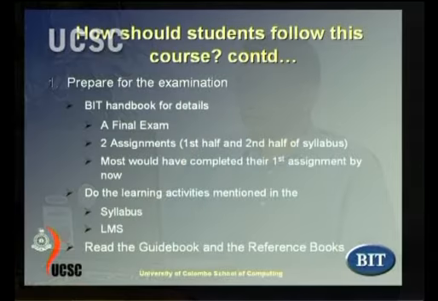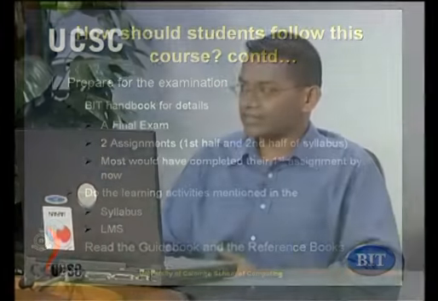Actually we have a final examination and 2 assignments, and most of them would have already taken the first assignment on the LMS, and we will be relating all our questions to the learning outcomes. So we will be assessing whether the students have achieved the required learning outcomes, and our activities in the syllabus as well as the LMS, and also the material in the guidebook and the reference books are directly related to the learning outcomes. So ultimately our questions will be based on assessing whether the students have attained the learning outcomes.